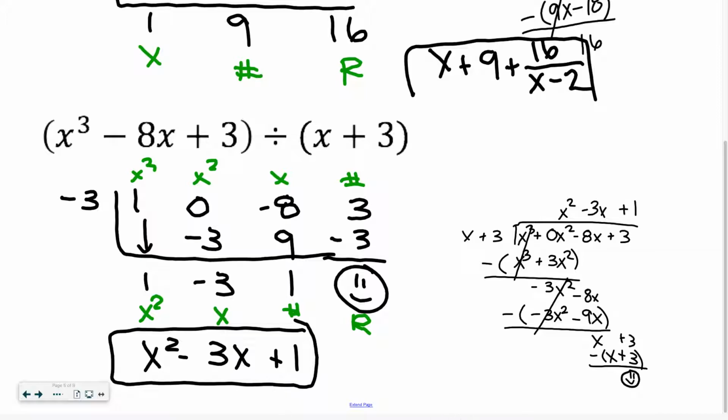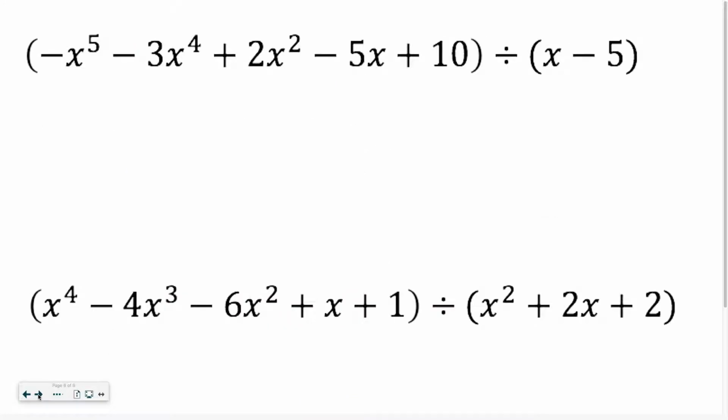Okay, I'm going to do another one. This one is going to be new. Negative x to the 5th minus 3x to the 4th plus 2x squared minus 5x plus 10 divided by x minus 5.